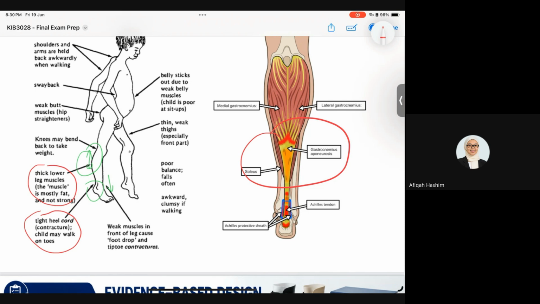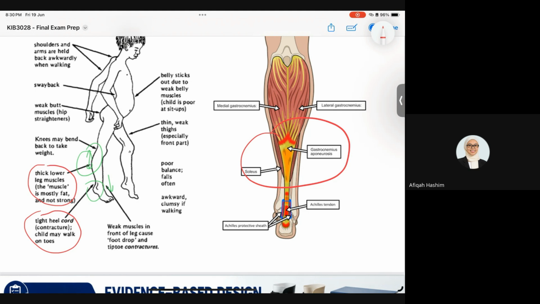Okay, so orthosis cannot make the muscle stronger. But it can compensate for the weakness by providing external support, reducing the amount of effort needed during walking, and helping the child remain mobile for a longer period. So remember this sequence because it applies to many neuromuscular diseases. Muscle weakness will usually lead to abnormal joint movement, and then it will change the way the patient walks.